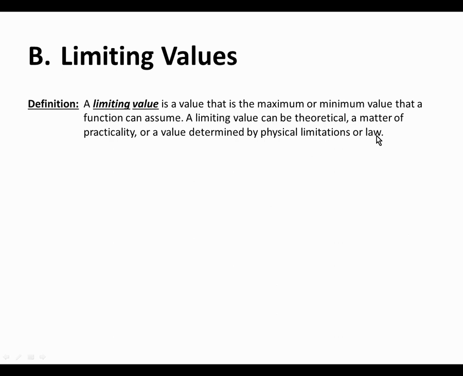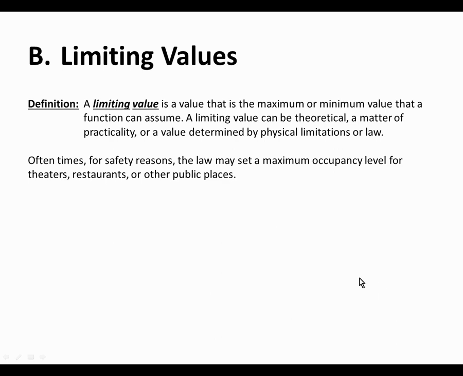Now when we say law, we're talking about laws of physics or laws of chemistry, not the laws of man. So oftentimes for safety reasons, the law may set a maximum occupancy level for theaters, restaurants, or other public places. Like some of you may have actually been in places where they yank people out because it's too crowded. It's considered a fire hazard.